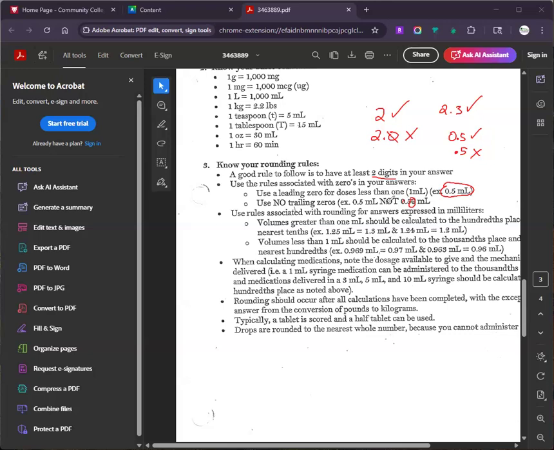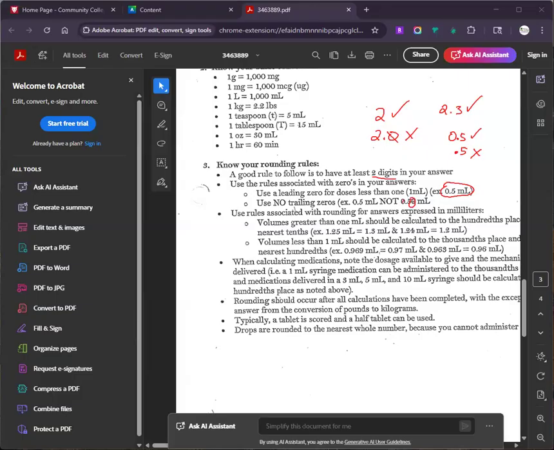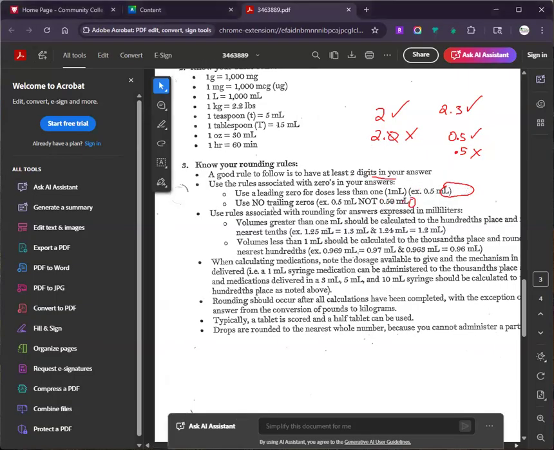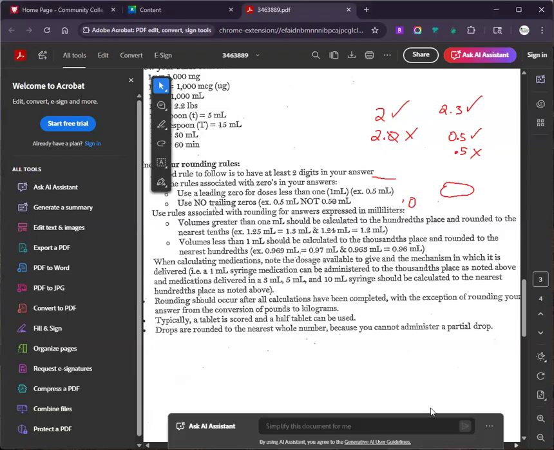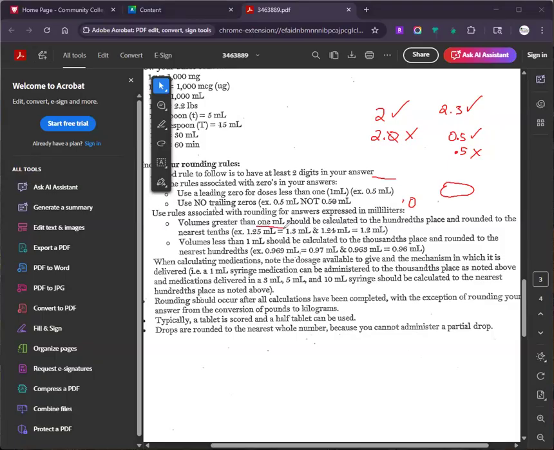Okay. Now, when it comes to rounding, we want to follow some rules. When you have a volume greater than 1, now this also applies to, like, when we convert pounds to kilograms, that would be considered a number greater than 1.